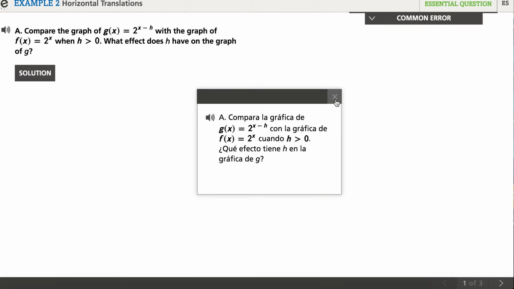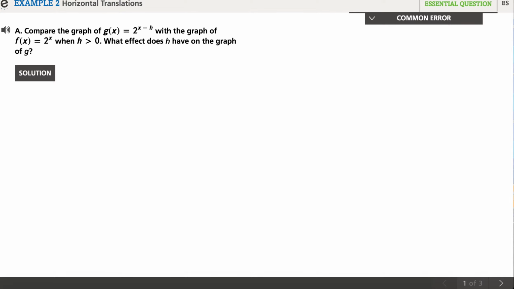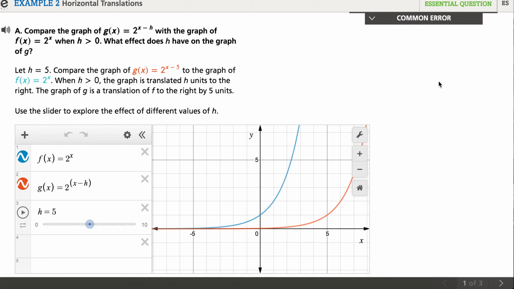All right, let's talk about the solution of this. What's going to happen in horizontal translation? In this case, h is equal to 5. Compare the graph of g of x equals 2 to the power of x minus 5 to the graph of f of x equals 2 to the power of x. This is the parent function.